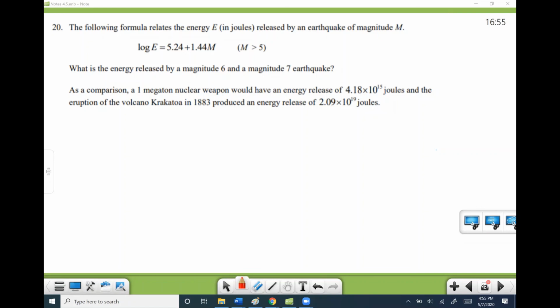Okay. So, looks like we're going to be plugging 6 and 7 in for the big M. Let's see what happens when we plug those in for the big M. So let's label this, huh? This is going to be for magnitude 6.